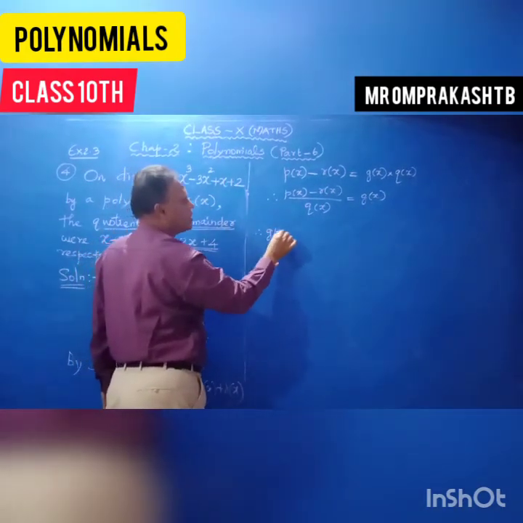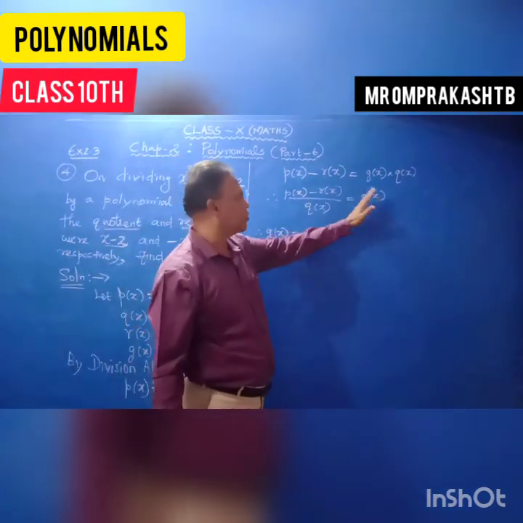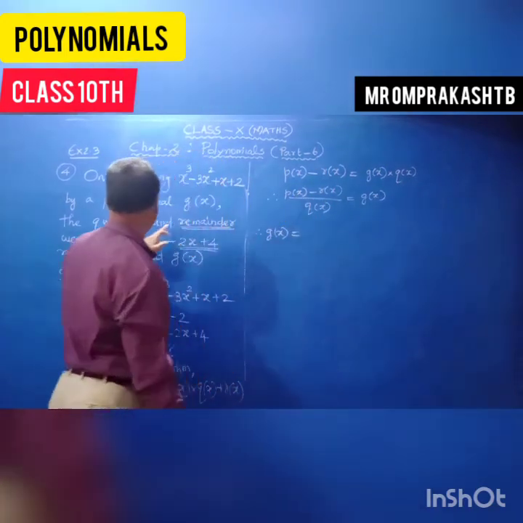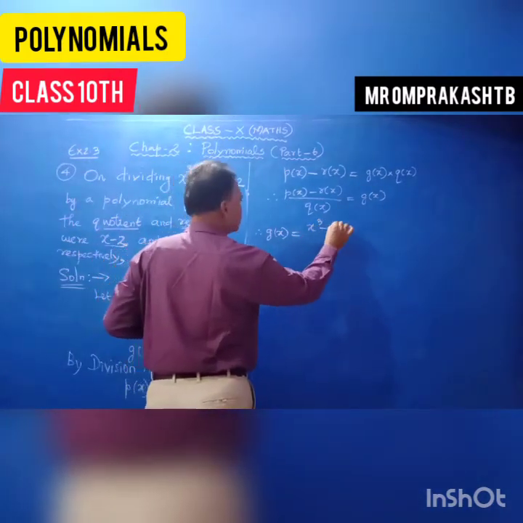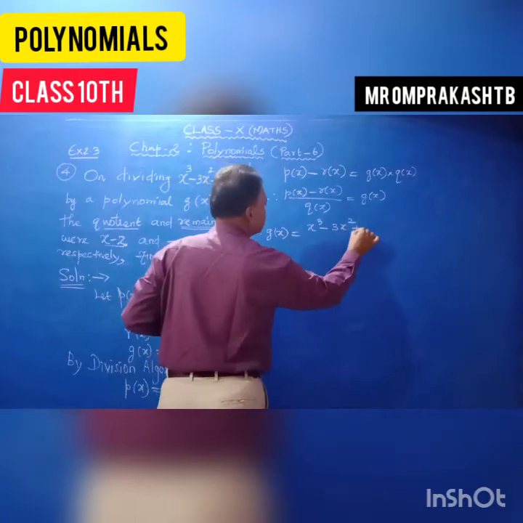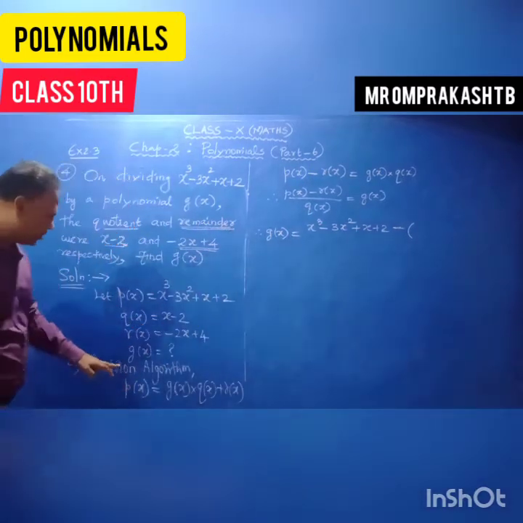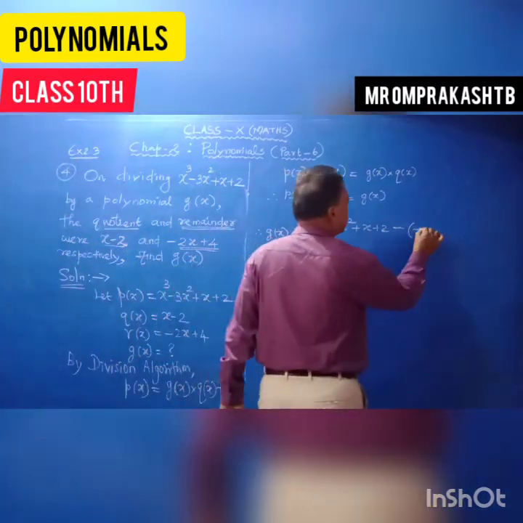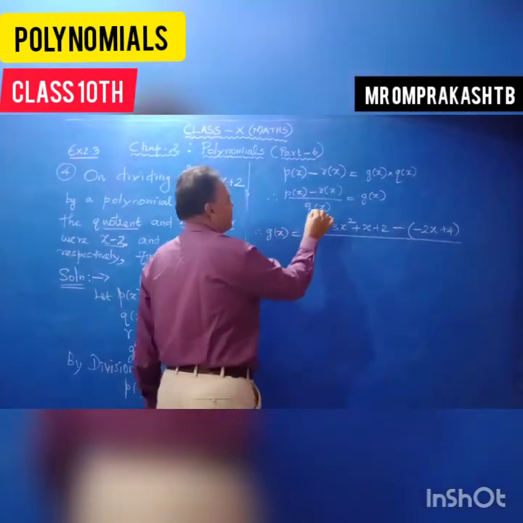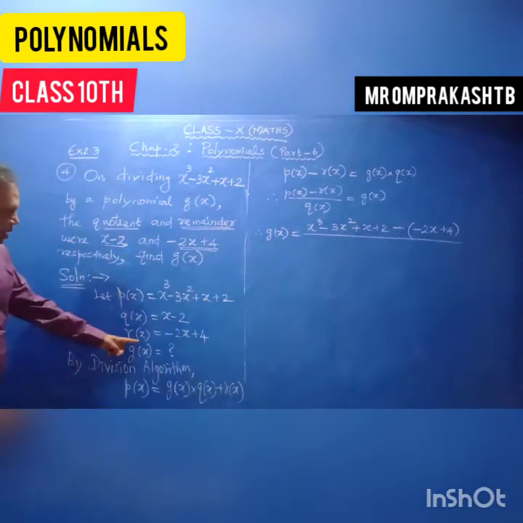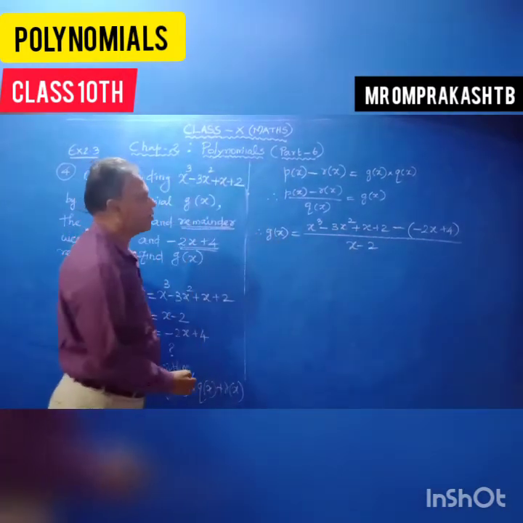Now write p of x: x cube minus 3x squared plus x plus 2, minus r of x, which is minus 2x plus 4, divided by q of x, which is x minus 2. Understand?